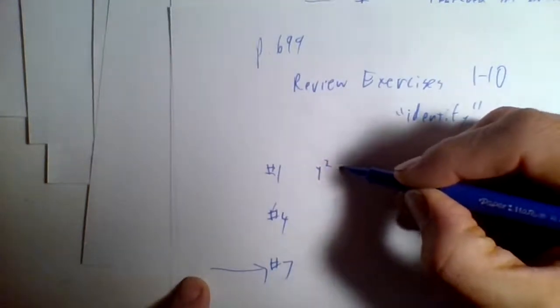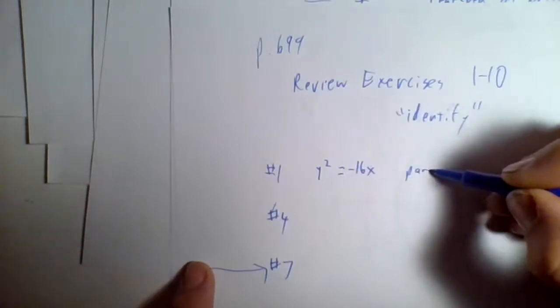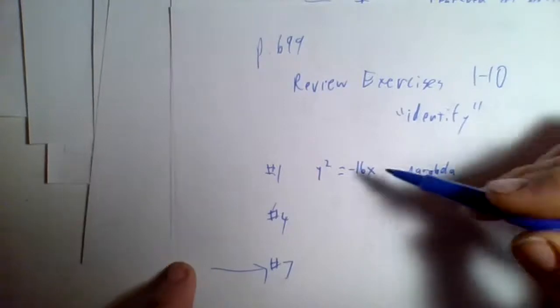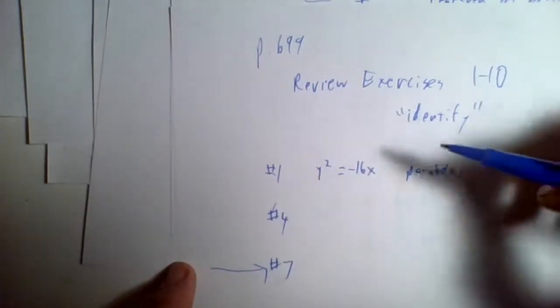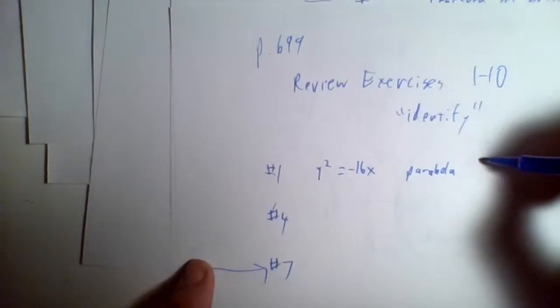Number 1 is y squared equals minus 16x. I just want to identify that it's a parabola because I don't have an x squared term. I have an x term and no x squared term. This is just like a stretched version of x equals y squared. So this is a sideways parabola. I don't know which direction, but a horizontal parabola.